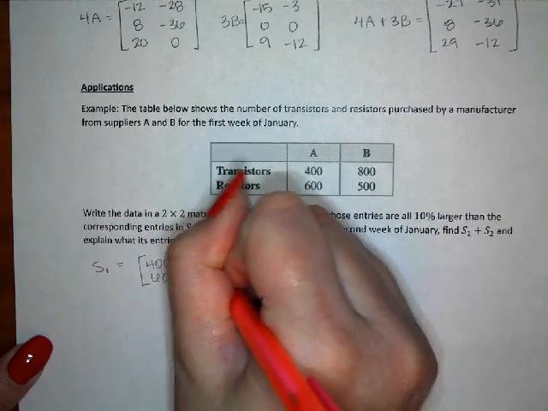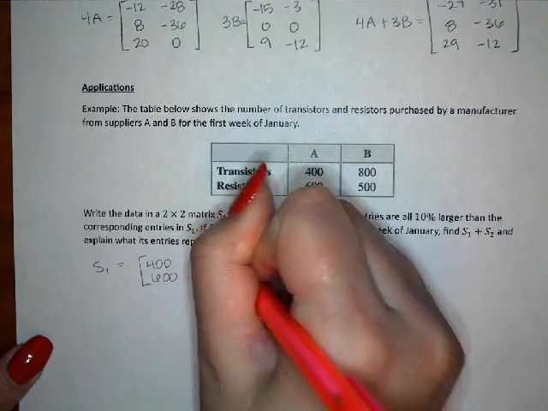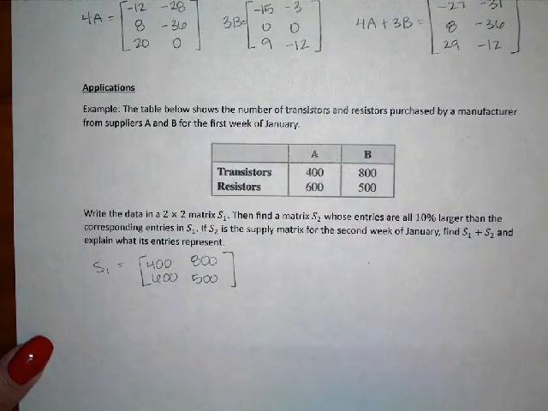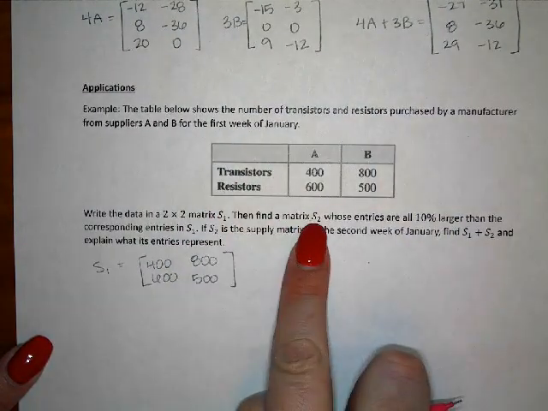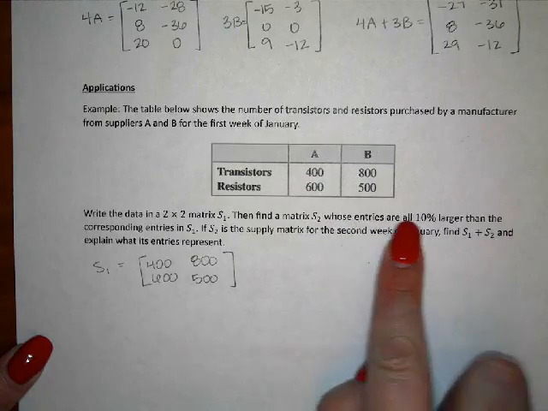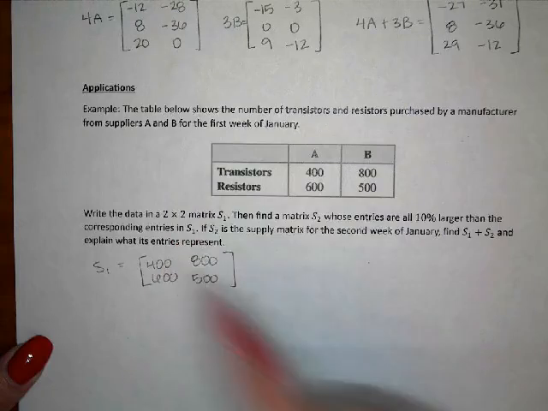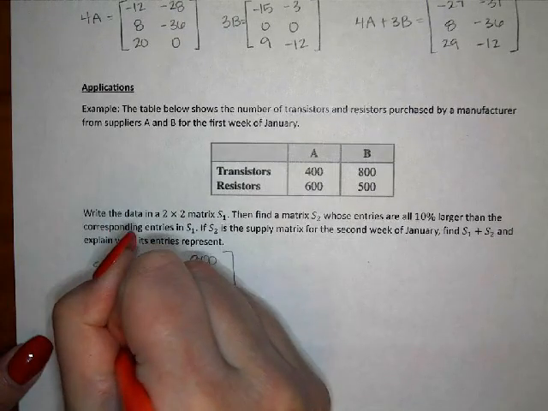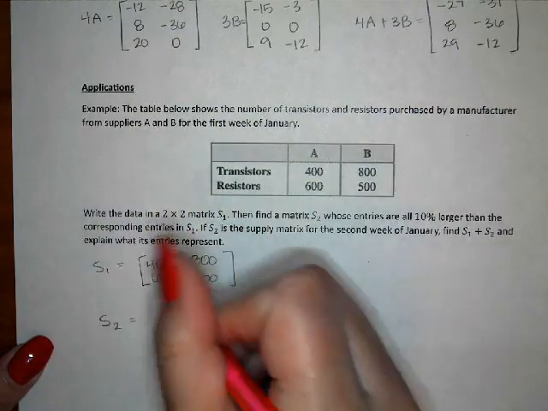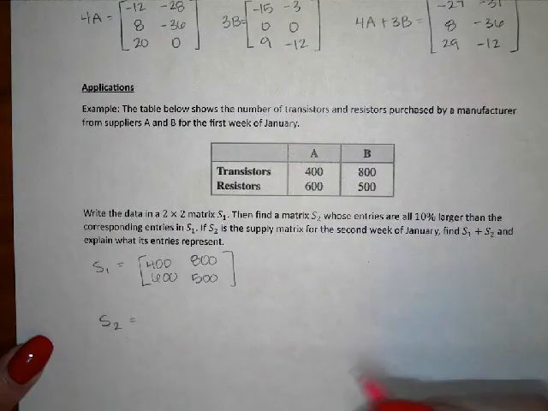400, 600, 800, 500. Okay. To find matrix S sub 2, the entries are all 10% larger than the corresponding entries in S sub 1. So S sub 2, we're going to take S sub 1 and we're going to make all of those entries 10% larger.